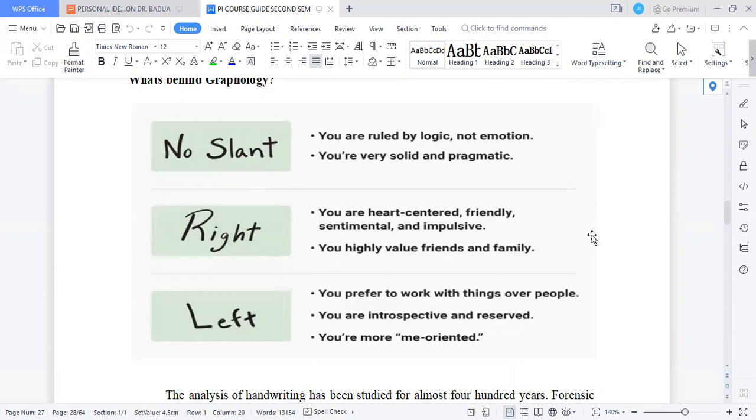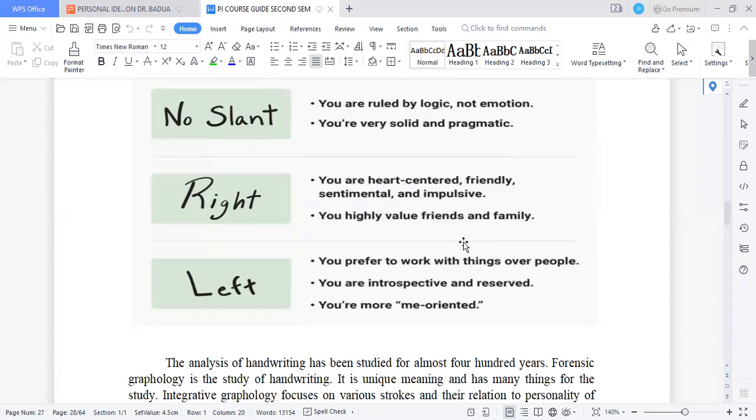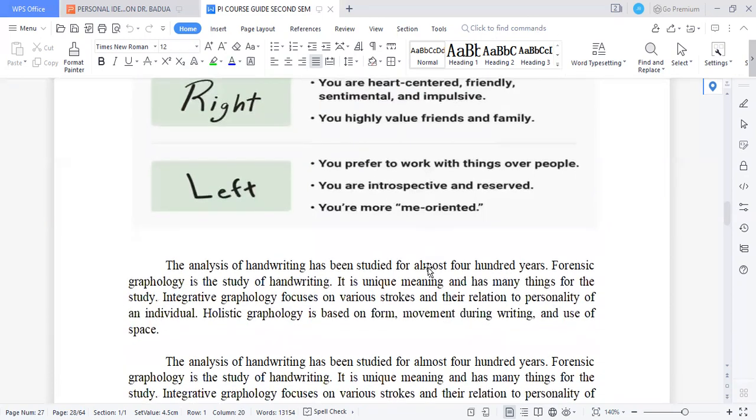So this is a nice interpretation if your handwriting slants to the right, it would give a positive impression about you. For the left, you prefer to work with things over people. You are introspective and reserved. You're more me-oriented. So that is the interpretation if your handwriting slants to the left.